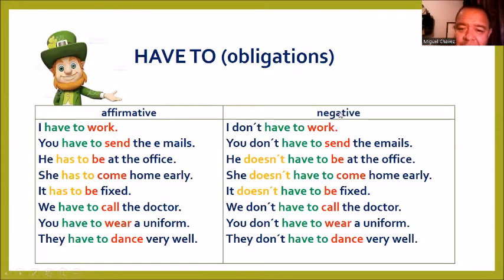In the negative, again, we are going to use don't or doesn't, the same as with the simple have, okay? But in this case, we have to. I don't have to work. You don't have to send the emails. She doesn't have to be at the office. She doesn't have to come home early, and it doesn't have to be fixed.